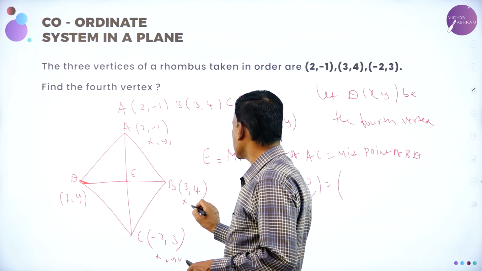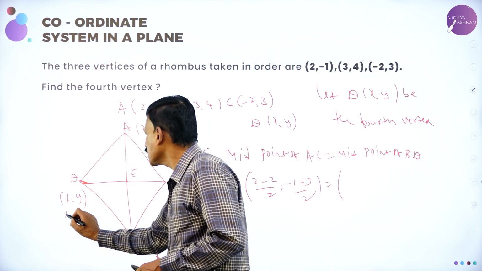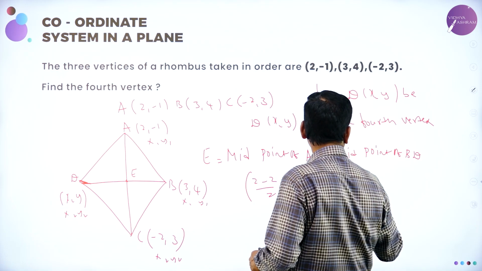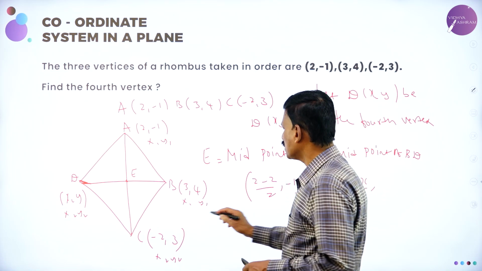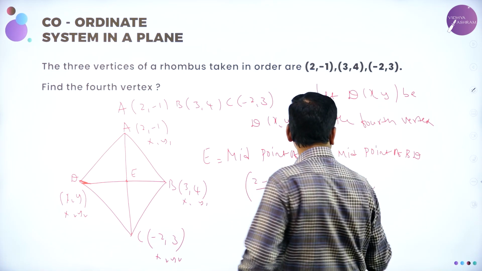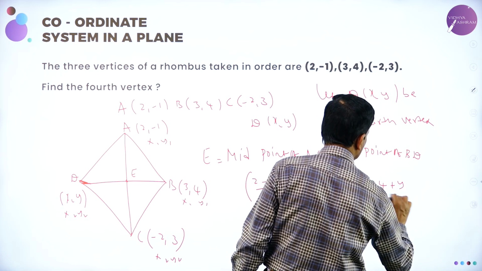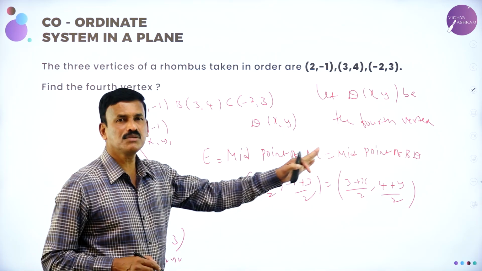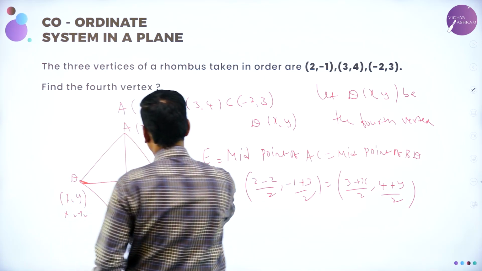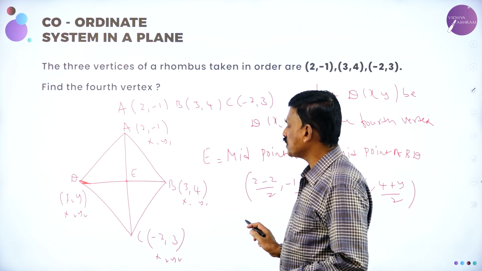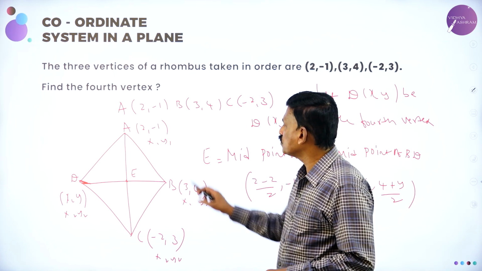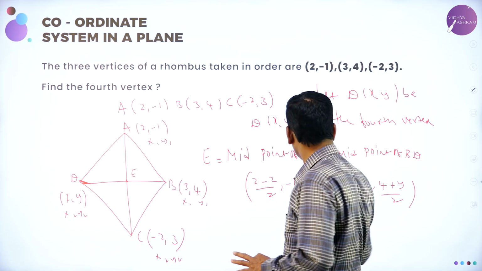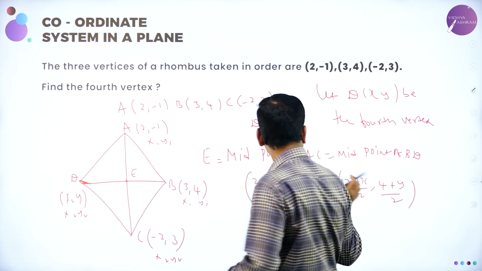So this is x1, y1, this is x2, y2. 3 plus x divided by 2, comma 4 plus y divided by 2. That's it. So midpoint of AC and midpoint of BD: x1 plus x2 by 2, y1 plus y2 by 2, 2 minus 2 by 2, minus 1 plus 3 by 2. Similarly, 3 plus x divided by 2, comma 4 plus y divided by 2.